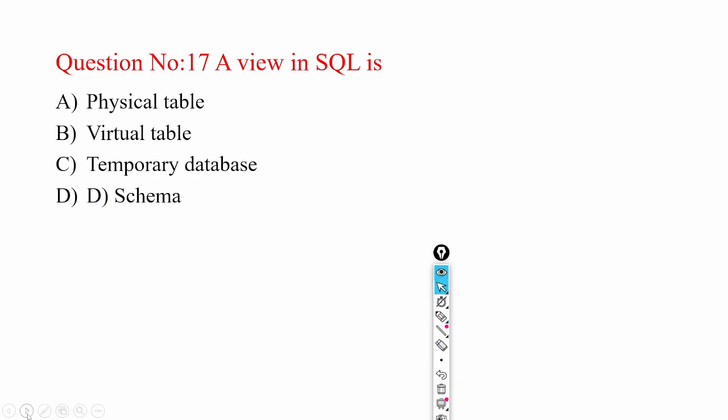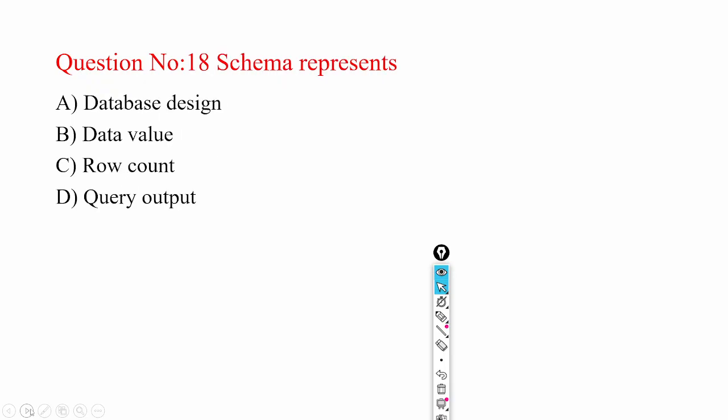So next, question number 18. Schema represents: database design, data value, row count, or query output. The correct answer is option A, database design. Schema is nothing but the structure of the data.